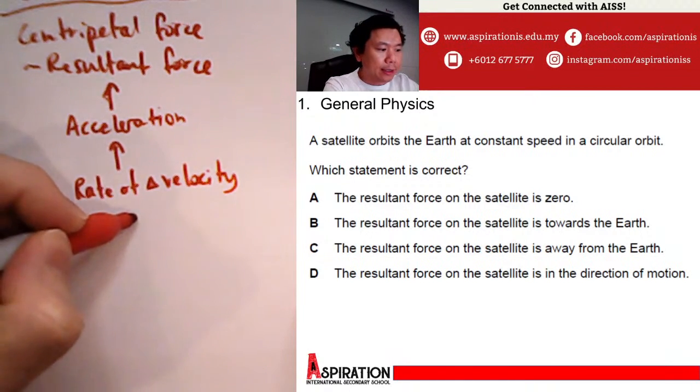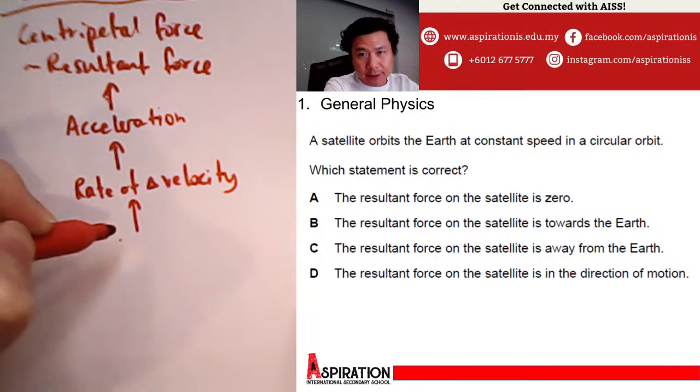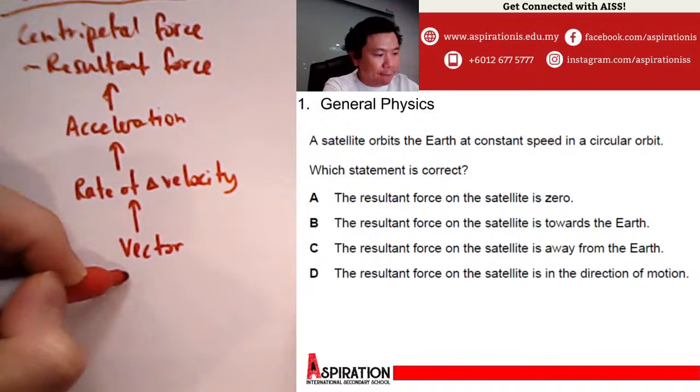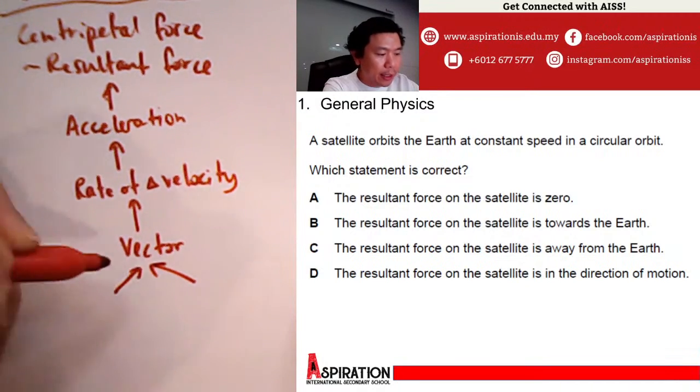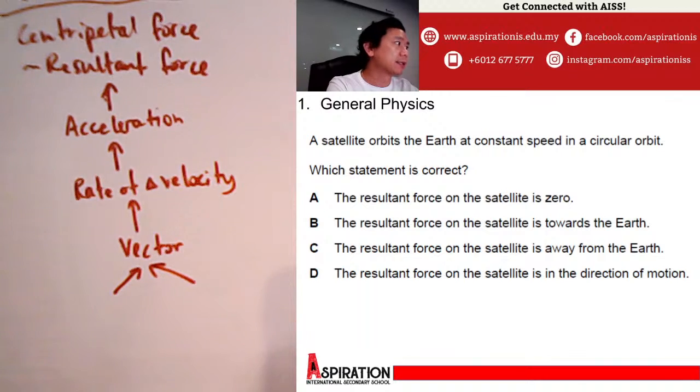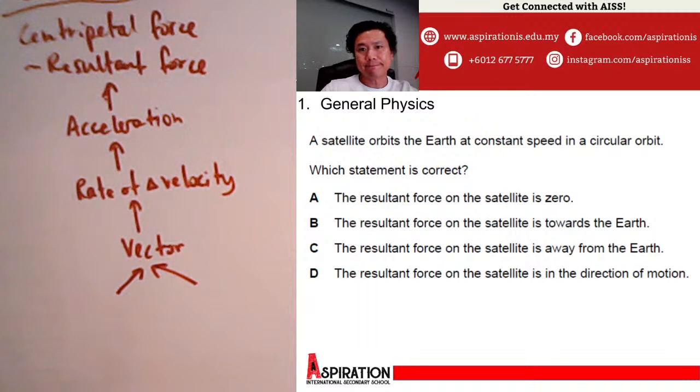Now, I need you to understand that velocity is a vector quantity, which means that it has, what is a vector quantity, guys? Can you put down your answers? What do you think is a vector quantity? Let me know in the chat.